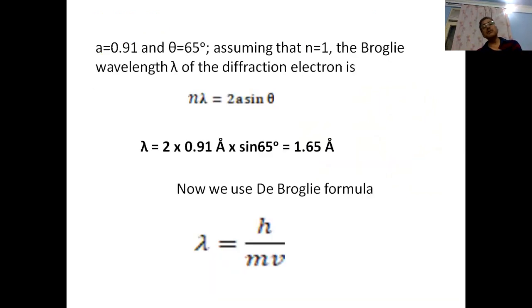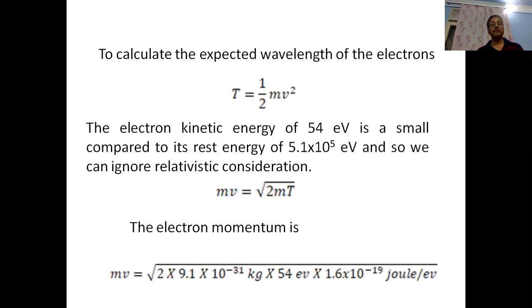Now let us calculate the same wavelength from the de Broglie formula, that is lambda is equal to h upon mv. To calculate the expected wavelength of the electrons, we use the formula of kinetic energy, T is equal to half mv squared. We have not used the relativistic formula, as the electron kinetic energy of 54 electron volt is small compared to the rest energy of 5.1 into 10 to the power of 5 electron volt for the electron, and so we ignore the relativistic consideration.